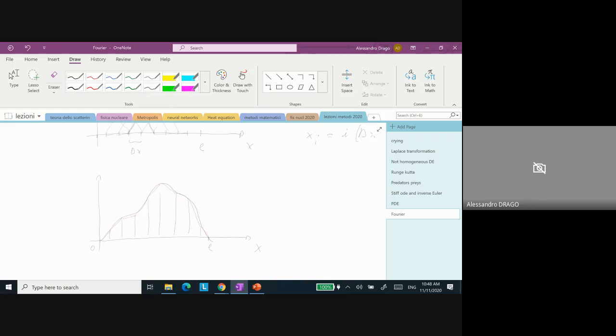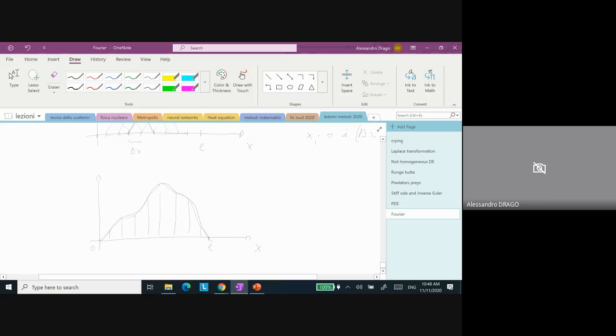So it is clear that I can approximate my function better and better by introducing more and more elements in my basis. But it's also clear that if I use these linear functions as a first example of piecewise polynomials, in certain cases I can be happy. In other cases, I'm not happy at all because my approximation to the solution has plenty of angular points where the first derivative is discontinuous.